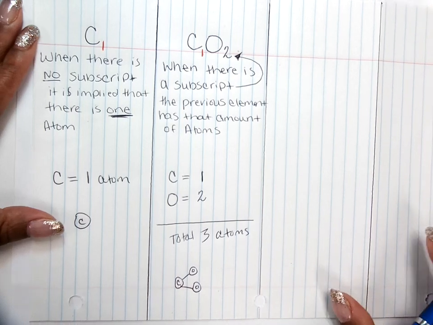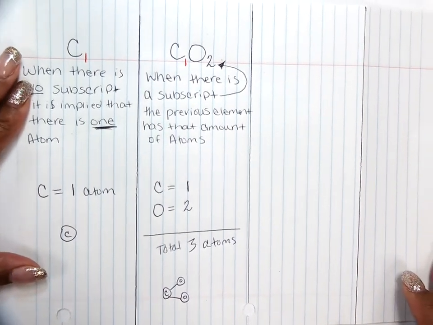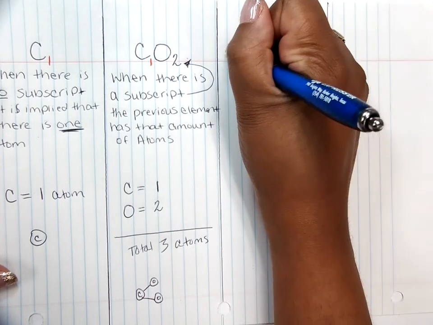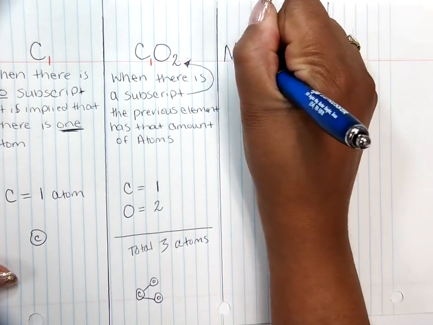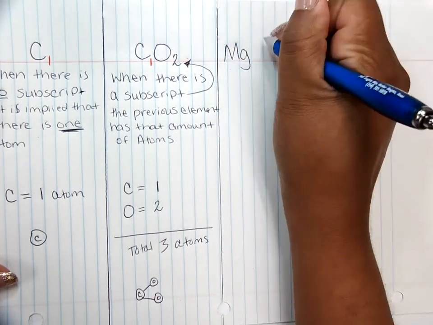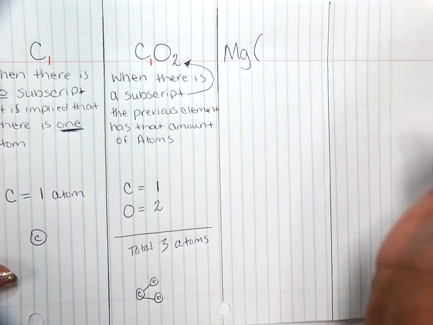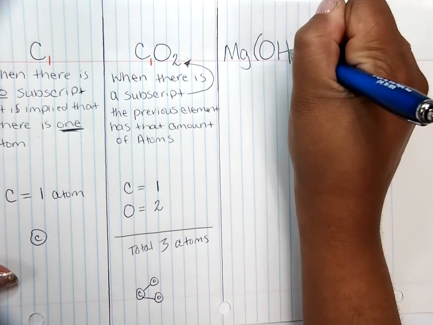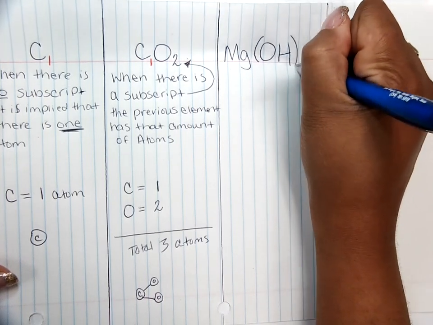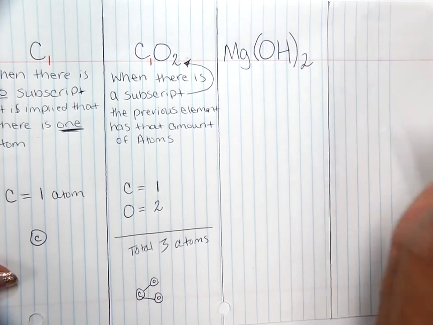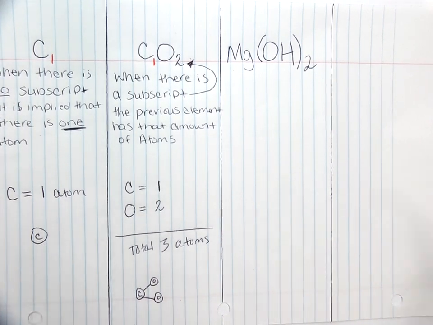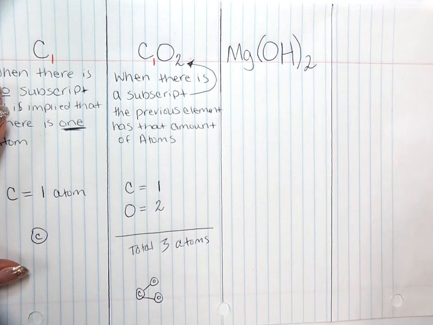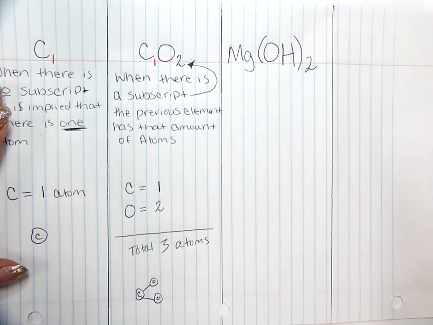Our next example, if you notice it's getting harder and harder. Mg, ooh, let's throw some of these in here. OH. The first thing I like to do when I have examples is go ahead and put in my invisible 1s.